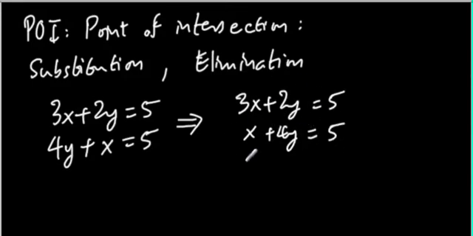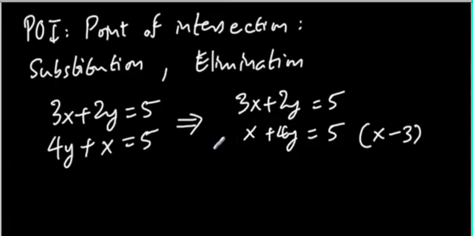Great. Now that we have things lined up, we want to eliminate variables. But in order to eliminate variables, they first need to be the same number but with different signs, right? For example, say we want to eliminate the x's. We can't do it because they're the same sign. So since we want this to be negative 3x, we have to multiply this by negative 3.